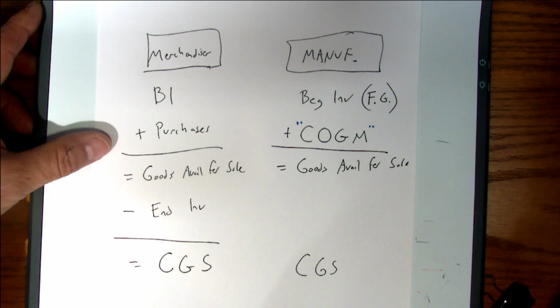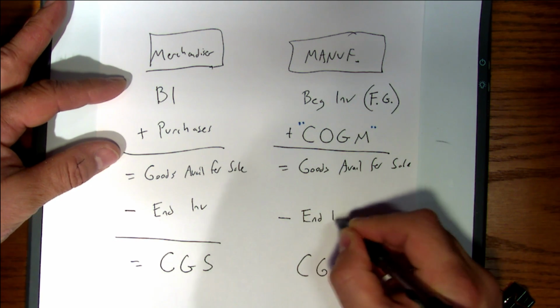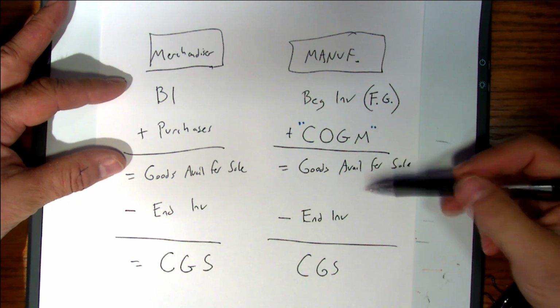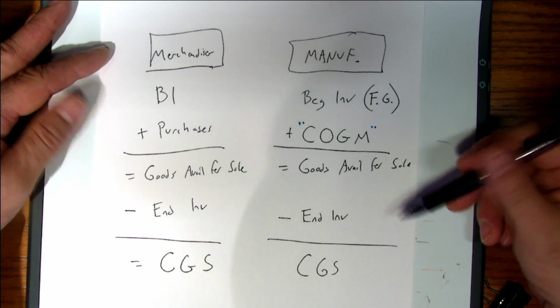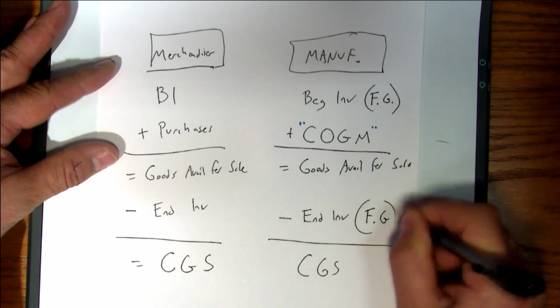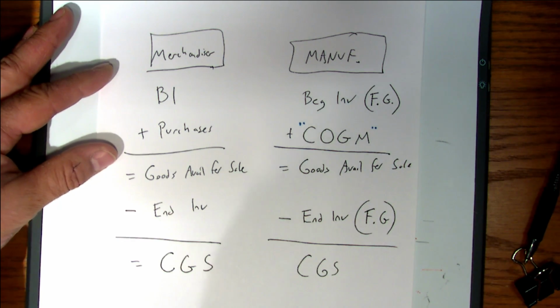Then we subtract out, once again, ending inventory, but there's more than one type of inventory for a manufacturer, so we have to specify which one. Which kind? You want to take a guess? Finished goods. Okay?